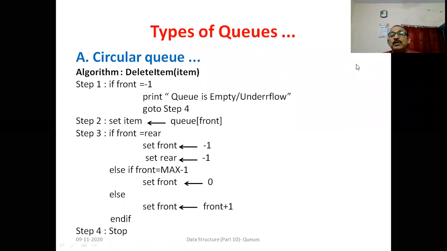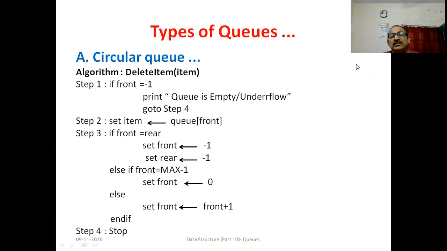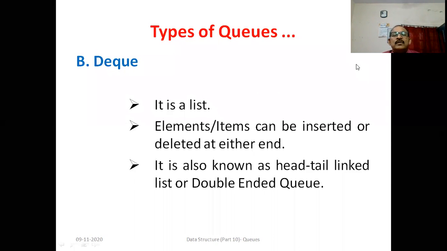If front is equal to max minus 1, we have already seen this case also, in this case we set front equal to 0. Else, we increment front by 1. Now it is very easy to write a C program for a circular queue.